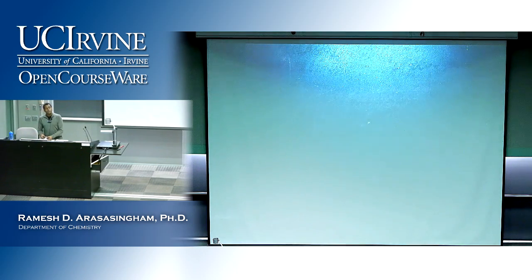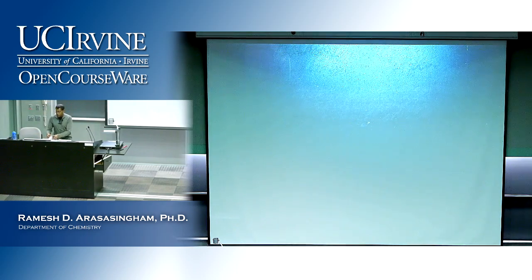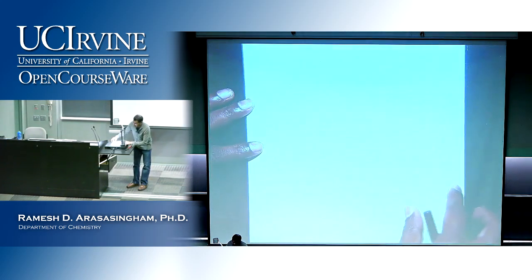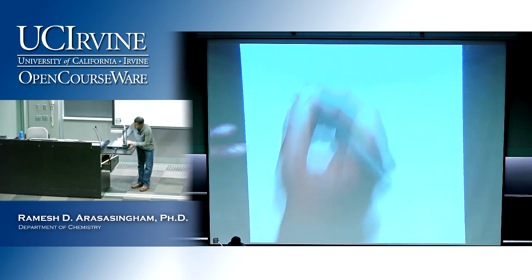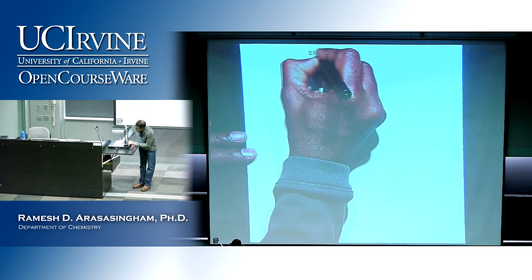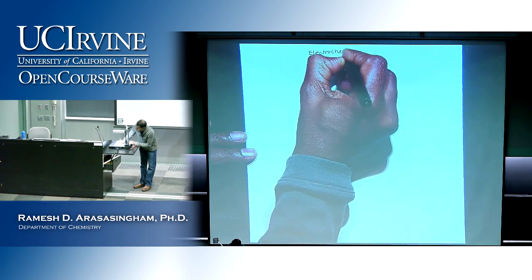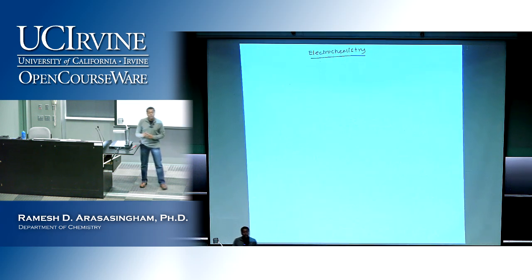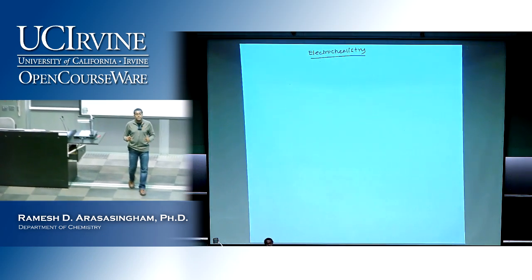Now we're actually ready to move on to the next topic, which is looking at electrochemistry. So we're going to look at chapter 13. And we're going to look at electrochemistry. All right?